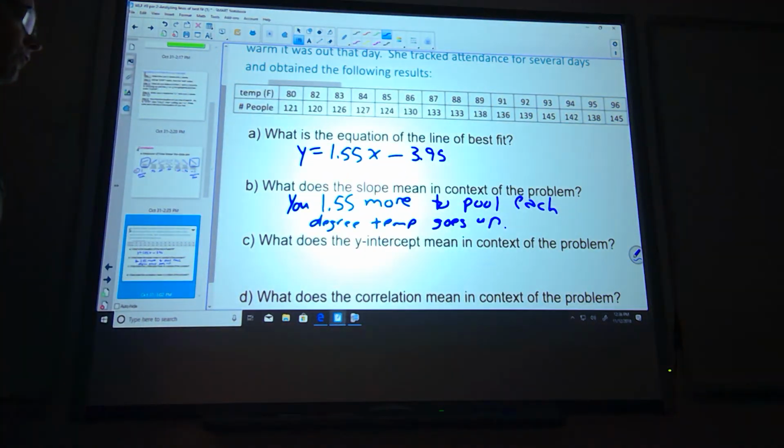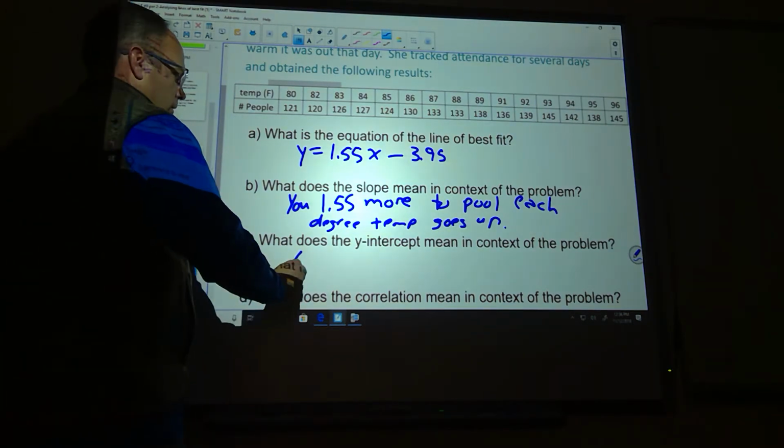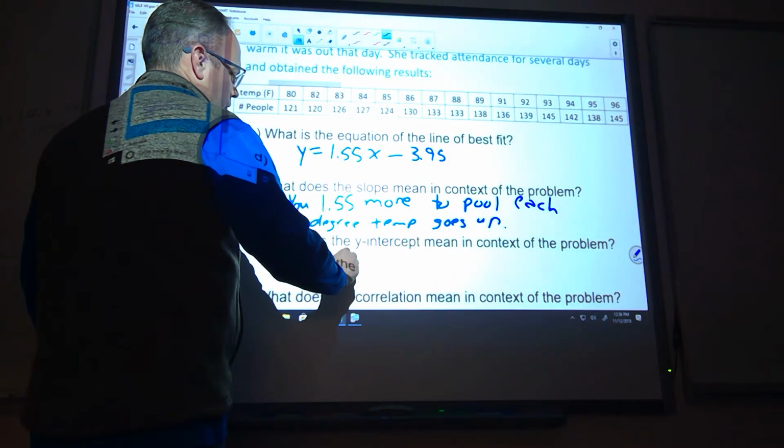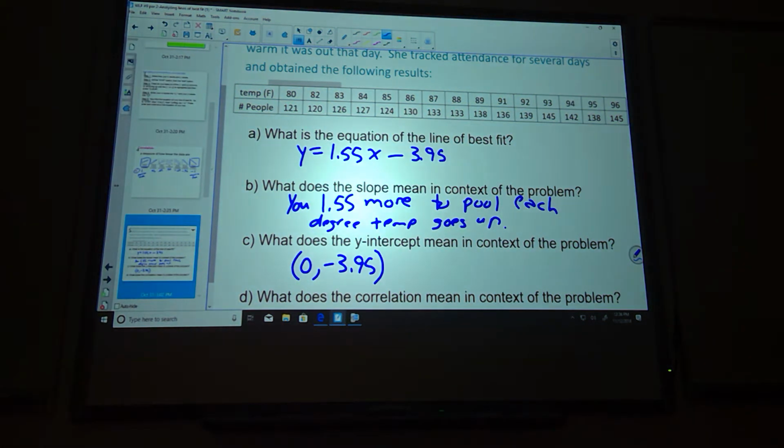Pretty simple. What does the y-intercept mean in the context of this problem? So that's the y-intercept. Do you really think I'm going to have negative 3.95 people that show up to the pool? No. But if it was 0 degrees outside, you'd have negative people at the pool. It's kind of silly, right?